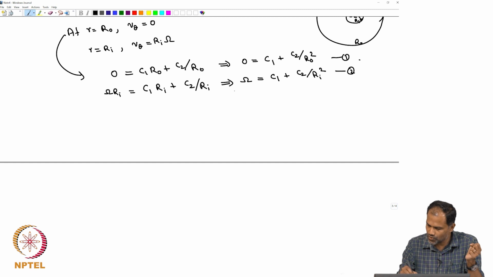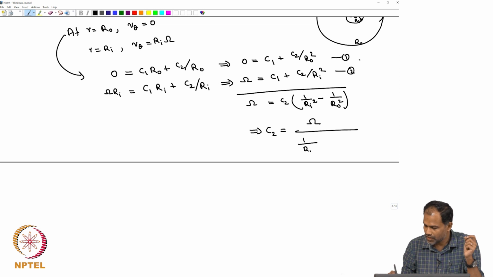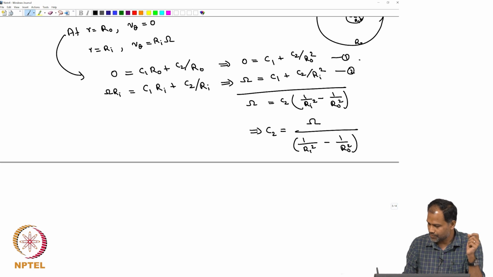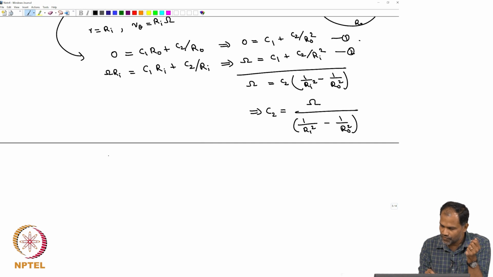So that's equation 1, and this is equation 2. Subtracting, let's say, 2 from 1, omega equal to C2 into 1 by Ri square minus 1 by Ro square. That gives you C2 equal to omega divided by 1 by Ri square minus 1 by Ro square. You can now substitute in the first equation, which says C1 is equal to minus C2 by Ro square.